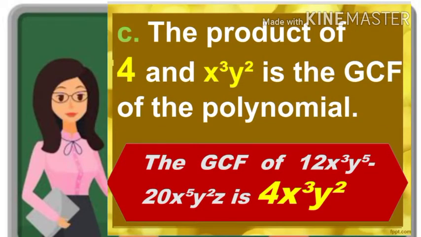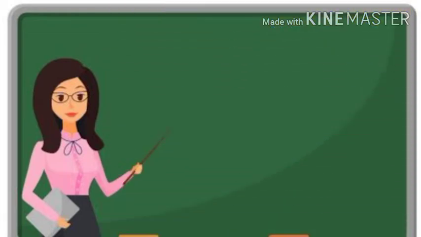Then, the product of 4 and x cubed y squared is the GCF of the polynomial. The GCF of the polynomials, which is 4x cubed y squared, is one of the factors of the polynomial 12x cubed y to the fifth power minus 20x to the fifth power y squared z.